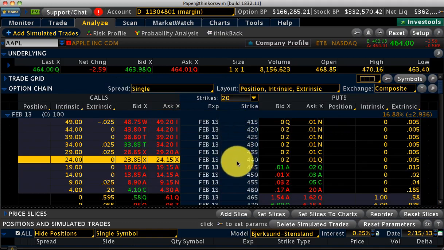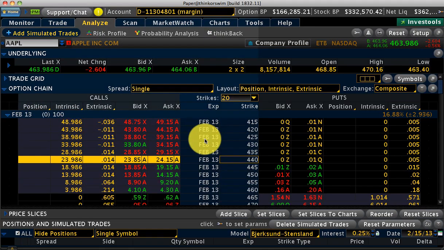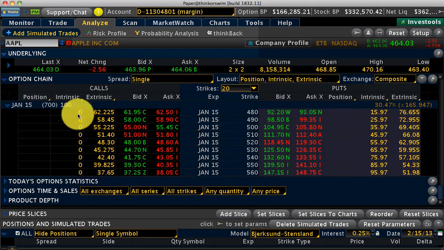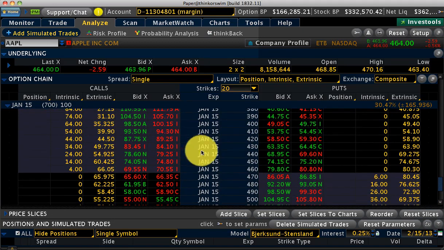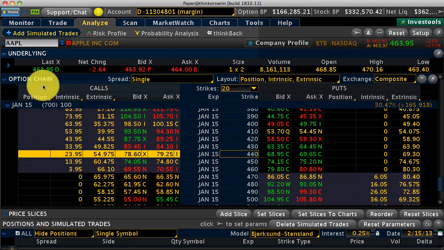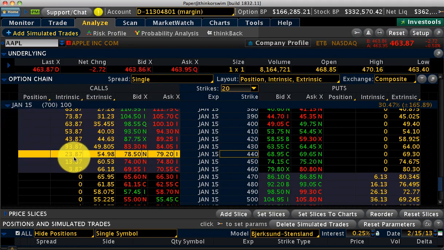If we look at the intrinsic value, it's $24 for the 440 call. That is of an option that is expiring today. Now we go all the way down to the 2-year series, and if we look at the 440 call, it's going to be $24 again. So this should make it clear enough that intrinsic value cannot get destroyed.